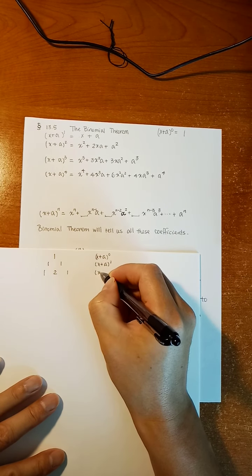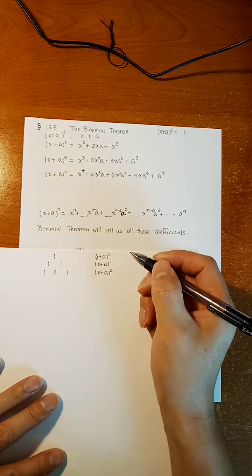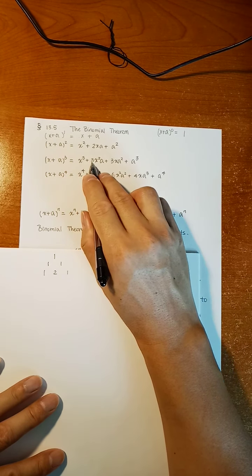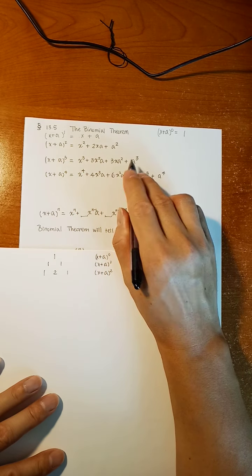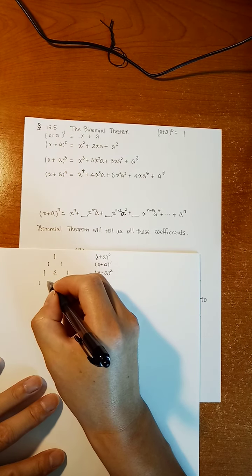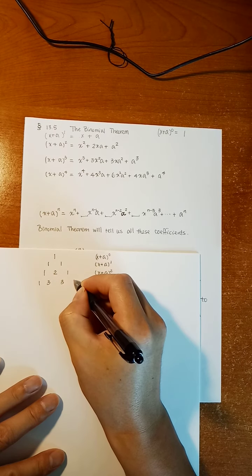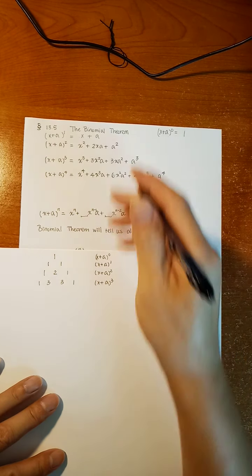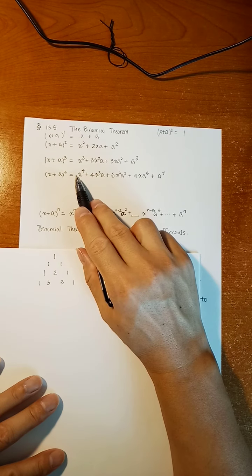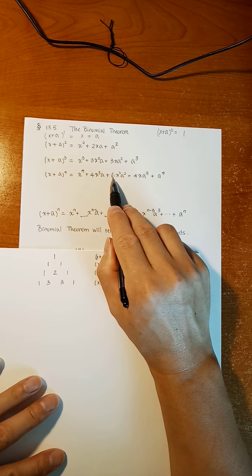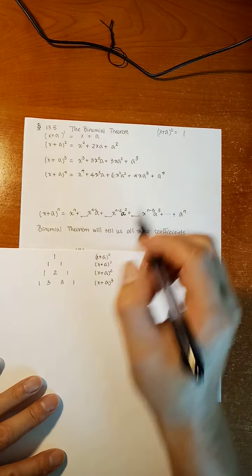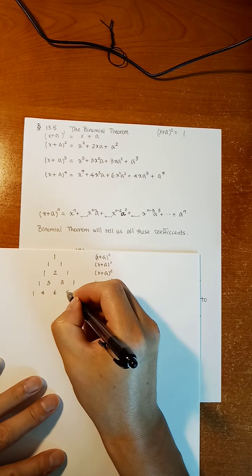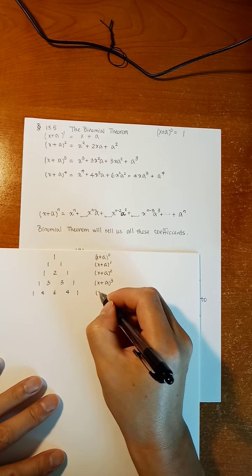This is x plus a squared. And then we check x plus a cubed. 1, 3, 3, 1. We only check the coefficients. It's like the layers of cakes. And then you have 1, 4, 6, 4, 1.